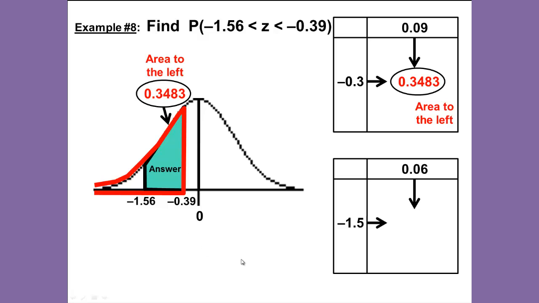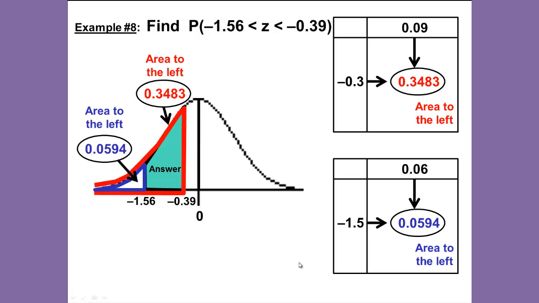Now the next part, we have to look up negative 1.56. We look that up and we get an area of 0.0594. That again is the area to the left. That part is outlined in blue. We will need to subtract that part from the red area, the red outlined area, to find our answer.